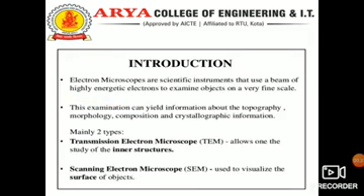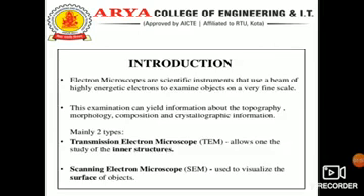Electron microscopes are scientific instruments that use a beam of highly energetic electrons to examine objects on a very fine scale. These are mainly two types.